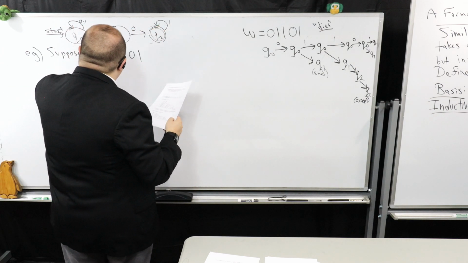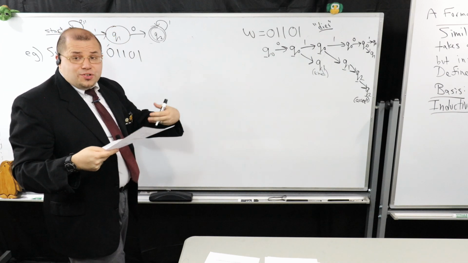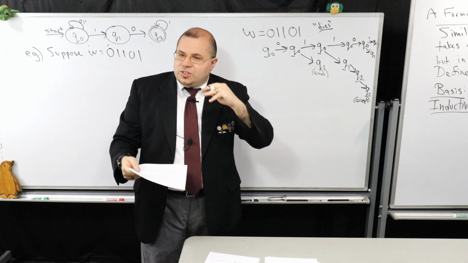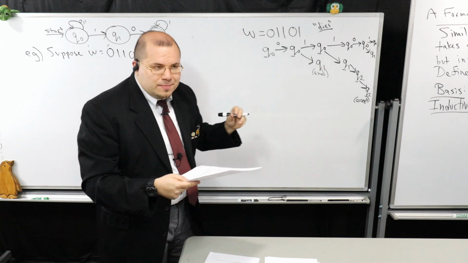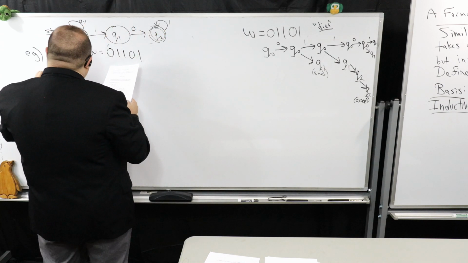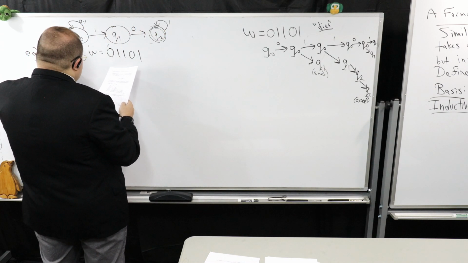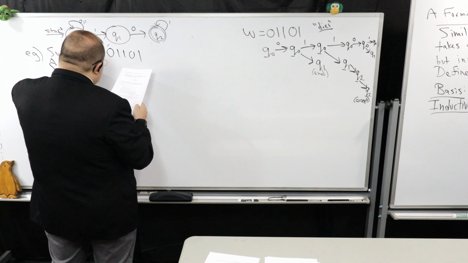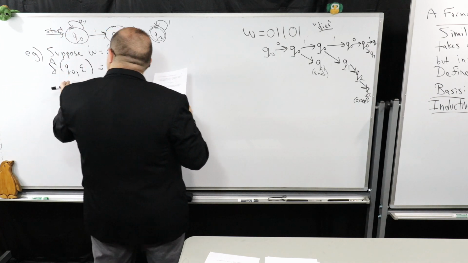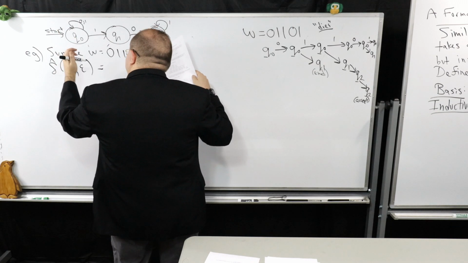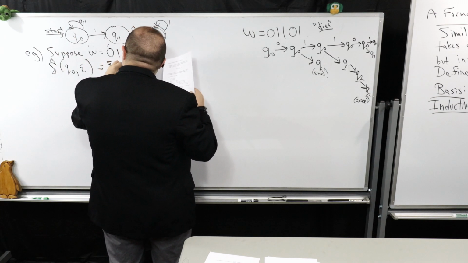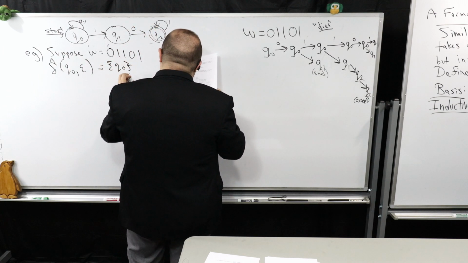I'm going to do just like I did before. I'm going to start off with the empty string and build up the string one symbol at a time. So I start off with delta hat of q0, epsilon. We know that this is simply that set, with curly braces around it. That's the base step.